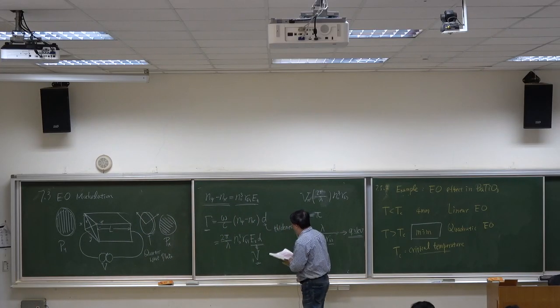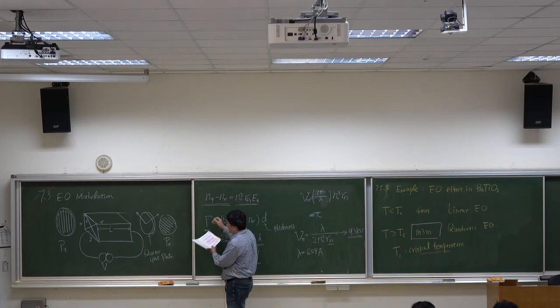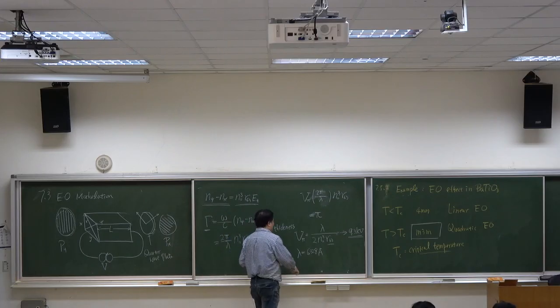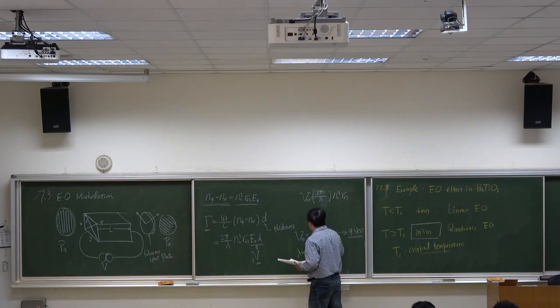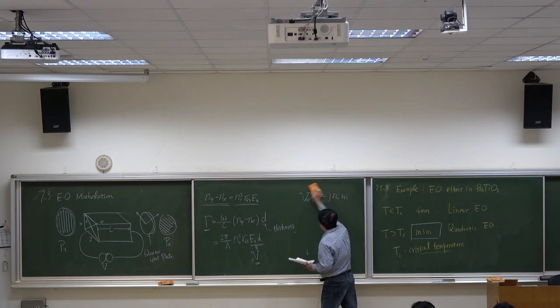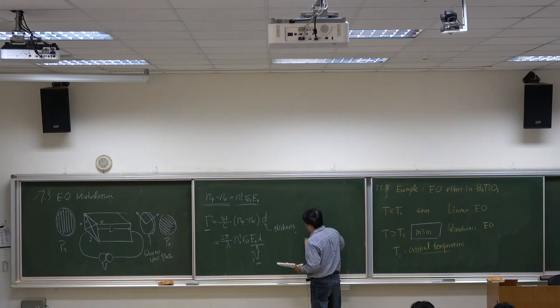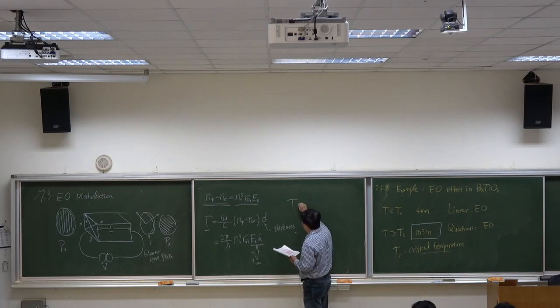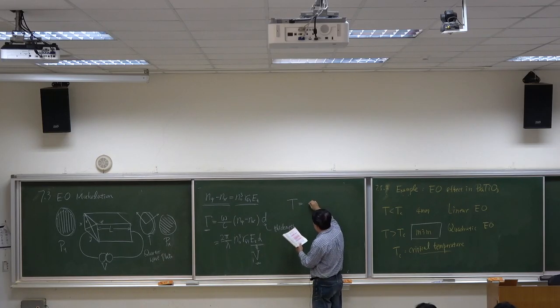So once we know the total retardation, then the transmittance can be calculated. The transmittance now becomes sine square half gamma.